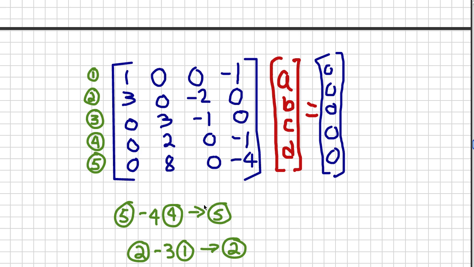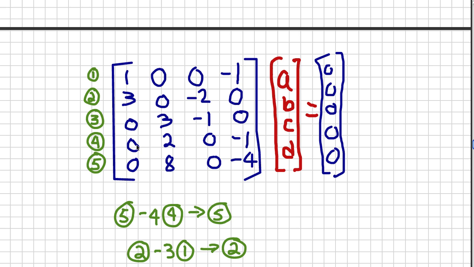So I start the process. The first step I do is take row 5 and subtract from it 4 times the respective numbers in row 4. When I do that, I'll put the answer in row 5. I take 0, subtract 4 times 0, which is still 0.